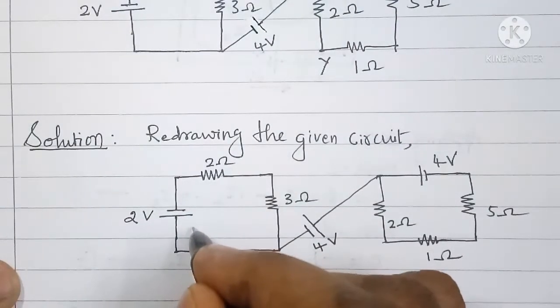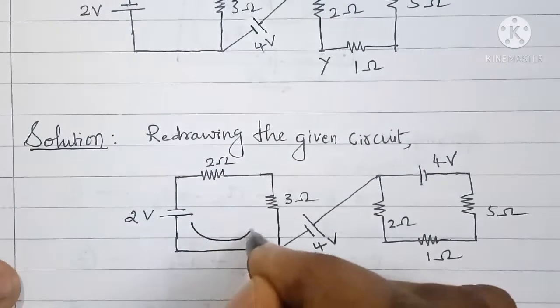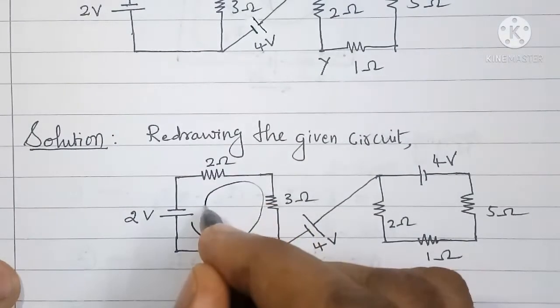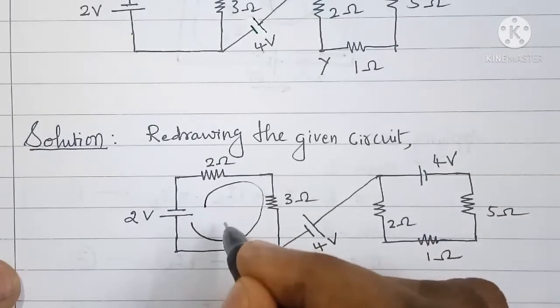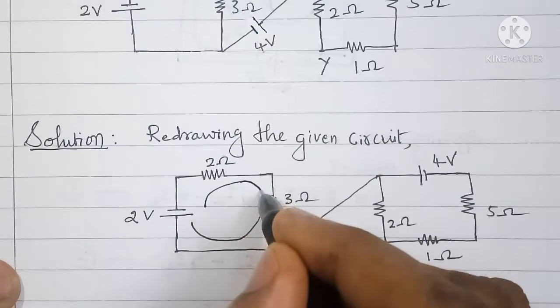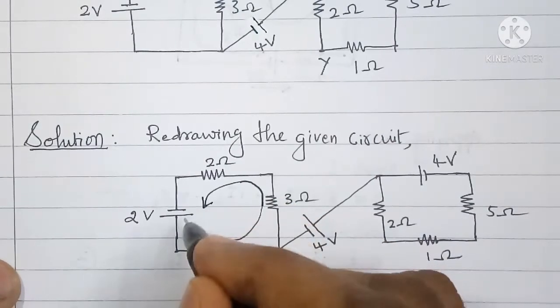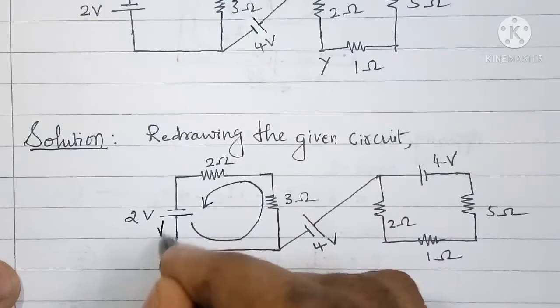Now I will mark the mesh currents here. Because independent meshes are here, I will assume that current flows in the direction of voltage rise only.